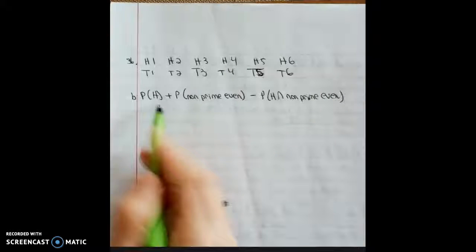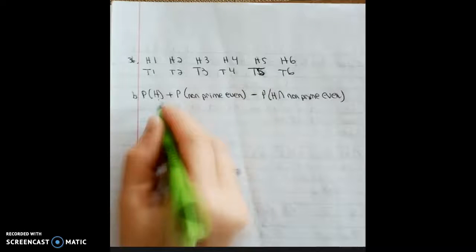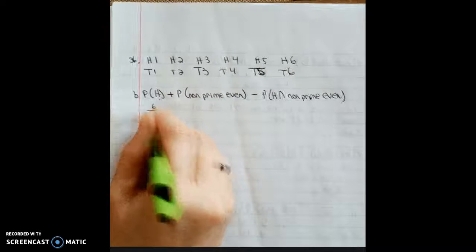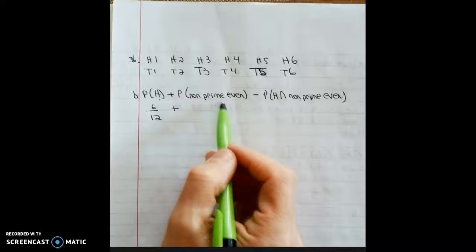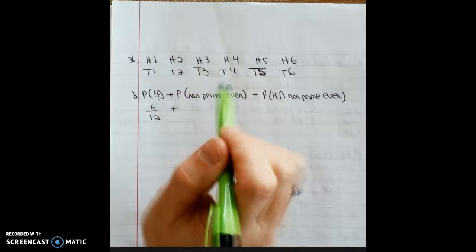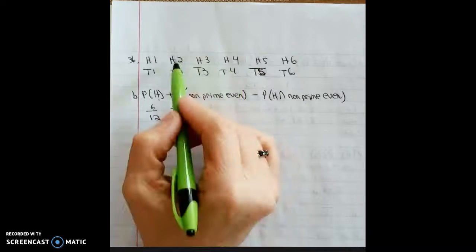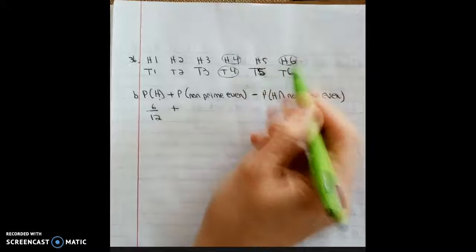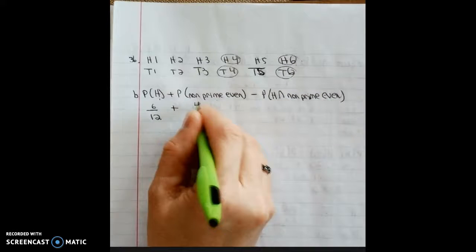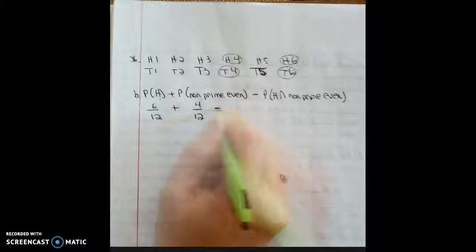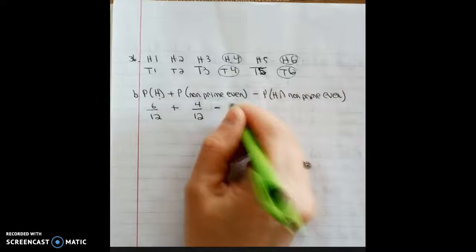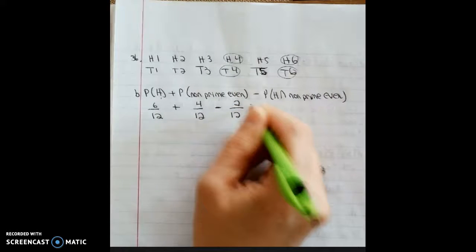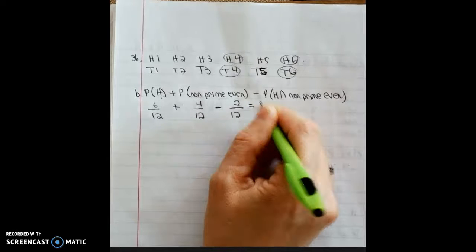Okay, so the probability of getting a head is all of those, so that would be 6 out of 12. The probability of a non-prime but even number: even would be 2, 4, and 6, but I want it to be non-prime, so that would be the 4s and the 6s, so that would be 4 out of 12, and then I'm going to subtract when they overlap, which would be these 2 cases here, and finally we end up with 8 out of 12.